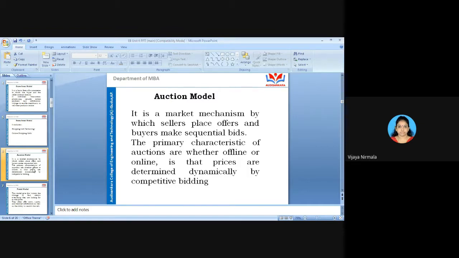For example, if you have purchased a product and used it for some days and later need to sell it, you can use this auction model to resell your product. That is called the auction model.